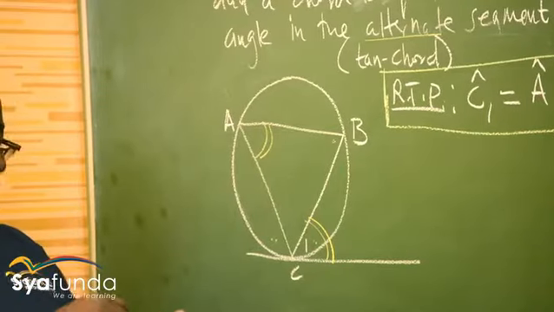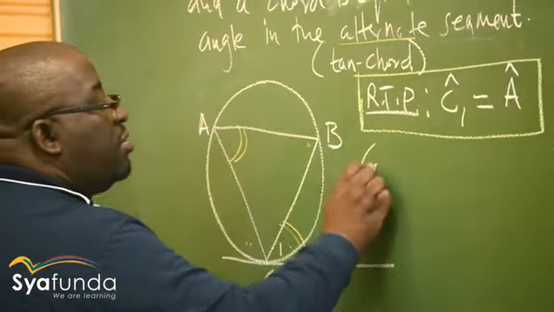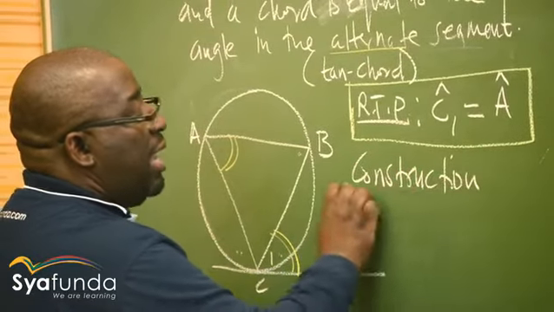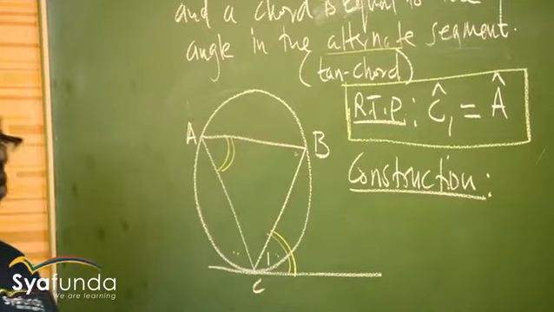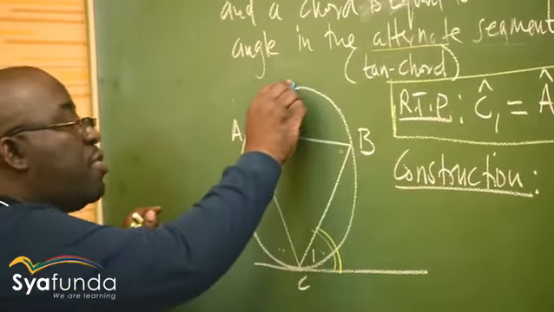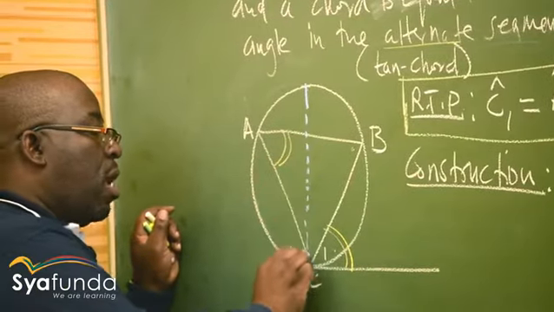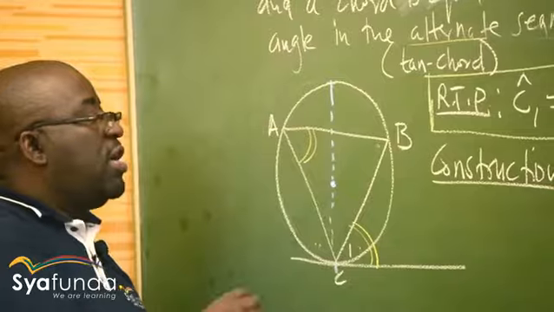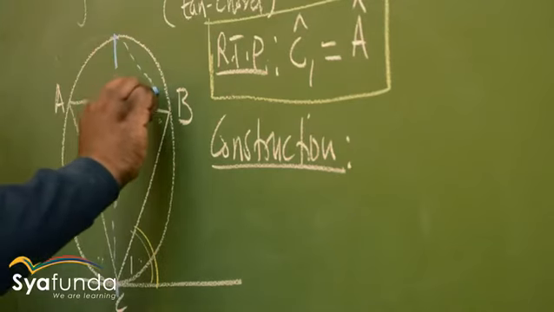Let's do our construction now. Remember, the construction is what is included in the diagram, which was not there, and it's always on dotted lines. What is it that we're going to construct here? Let's construct a line that will come through the center. What is it that we have joined? And also join this one.